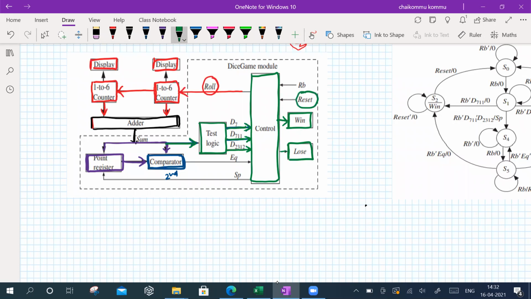Whether rolling has to be done or not is decided by the roll button. So once you press this, first we have to clear the content of all the flip-flops available in the control unit and everything. We use the reset first, then we start with RB. If RB is true, then this signal is generated, and therefore the remaining things will happen here.